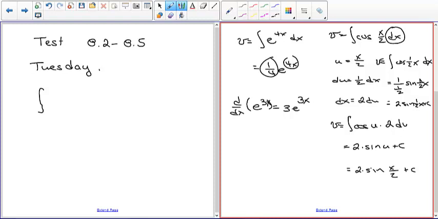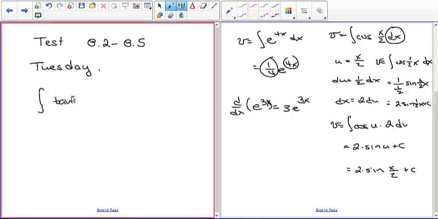Another example of something like that would be in terms of trig integration. Let's say we have tangent squared of 4x times the secant squared of 4x dx. So you have to do the same kind of thing.